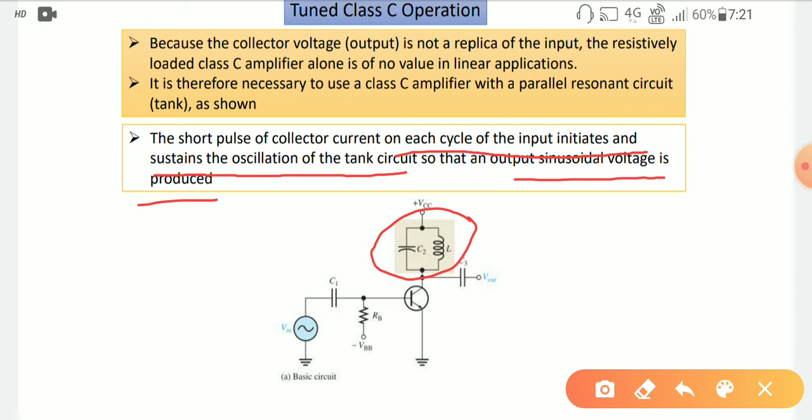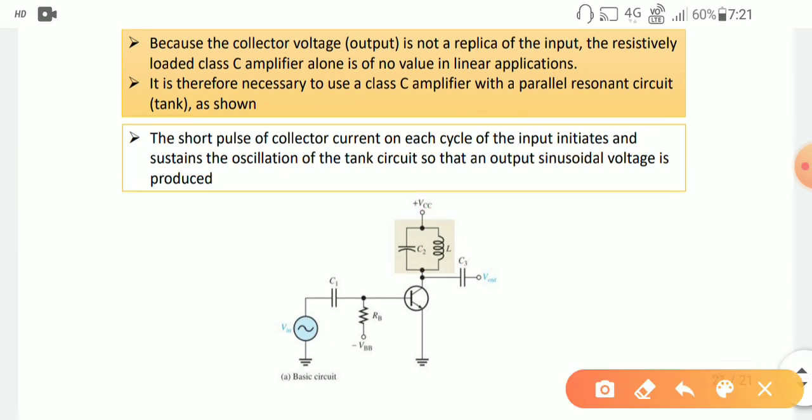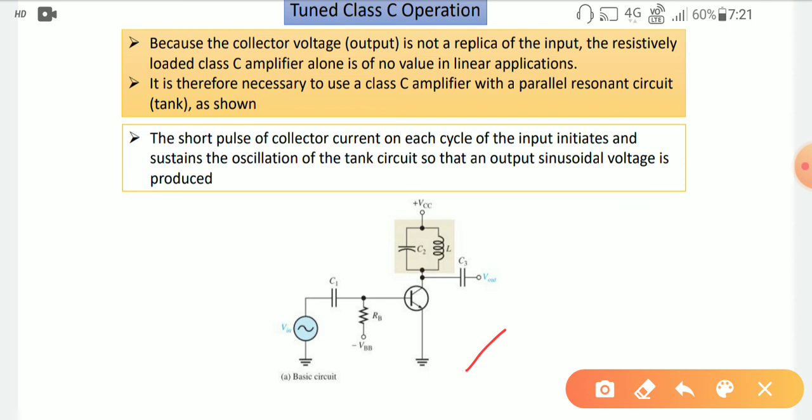Our desired output will be fulfilled if you consider that kind of circuit for a Class C amplifier. This is a typical figure for the Class C amplifier. I think everyone can understand the entire amplifier topic.